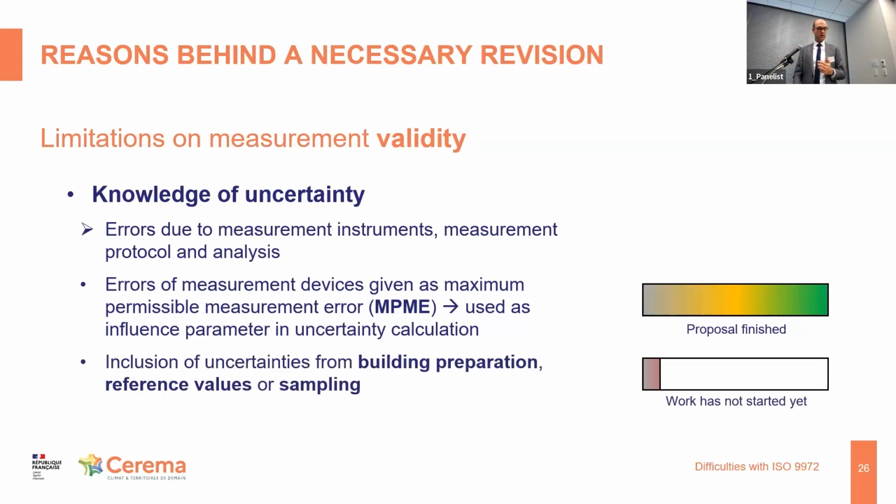So this is finished. Then there are some inclusions possible for uncertainties for building preparations, reference values, or sampling of buildings. We have talked about sampling as well, but this is more difficult. I think the German annex, for example, includes some standard values for this in the uncertainty calculations, but this has not been started yet.